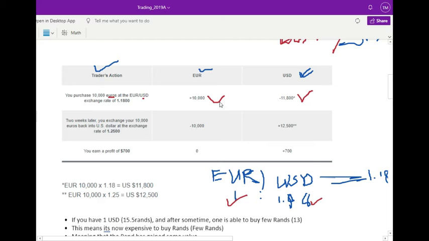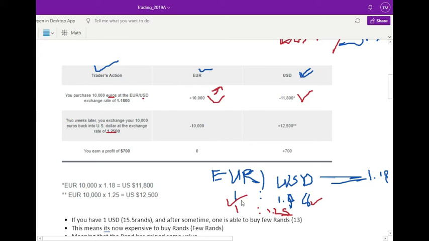But we agree that if you are buying this, you are thinking that the value of this will increase in the future, right? I think I've explained. So two weeks later, you exchange. Two weeks later, the exchange rate is now 1 is to 1.25.